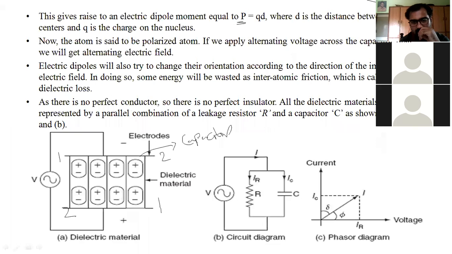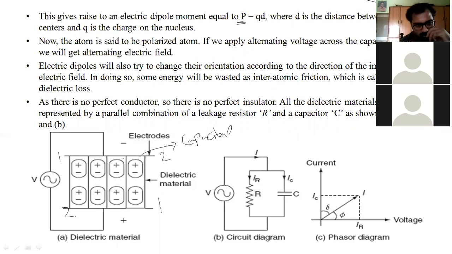Whenever the dielectric material is placed between these two plates, due to the charge on these electrodes, the electrical dipoles also change their orientation. With respect to the type of charge developed on the plates, the electric dipoles are going to interchange. That is, the orientation is going to rotate.